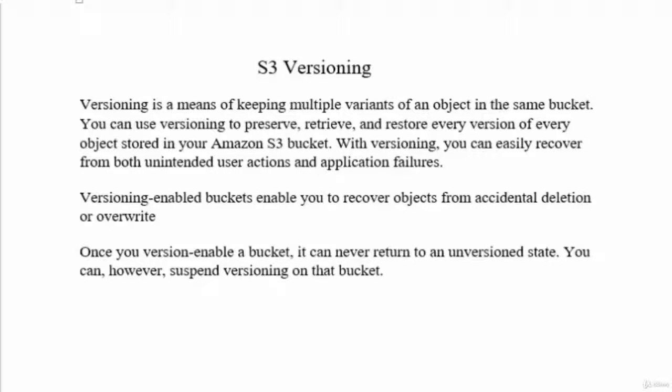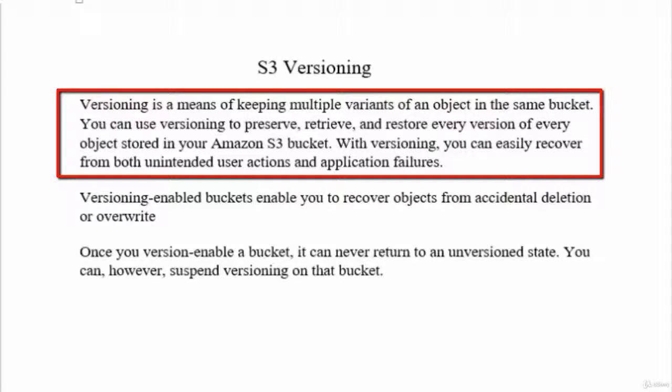The first feature we would like to discuss is S3 versioning. Versioning means keeping multiple copies of a file, and whenever you make any changes to a file, a new version of that file will be created. So what is the benefit of using versioning?